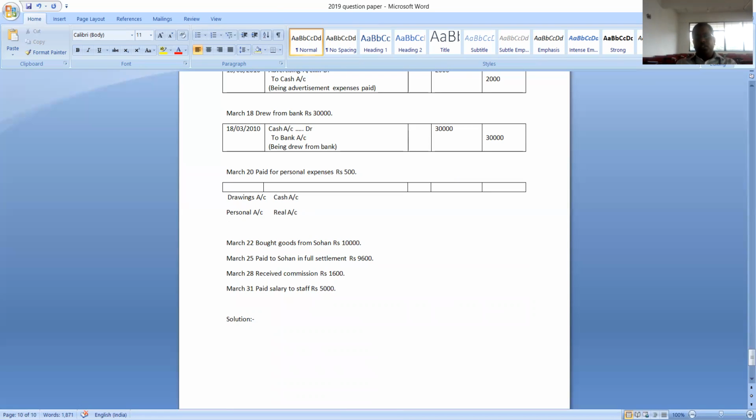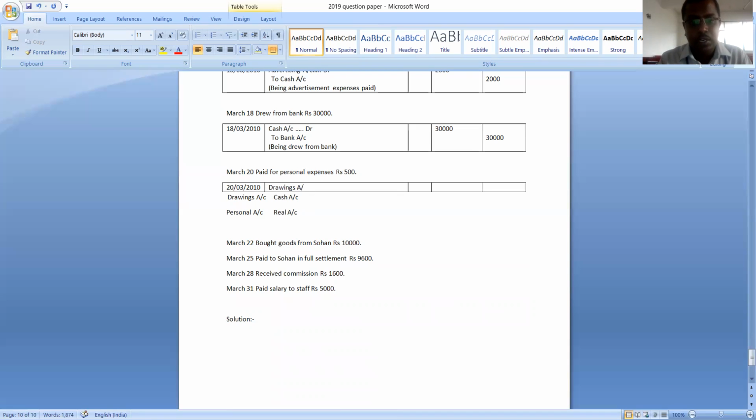In other words, if any of the personal expenses of the owner are paid by the business, it is called drawings. It is as good as the owner receiving the money from the business. Understood? So debit the receiver is the rule of which account? Personal account, right?